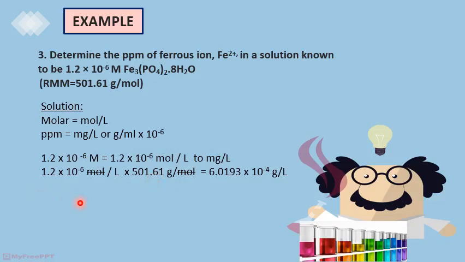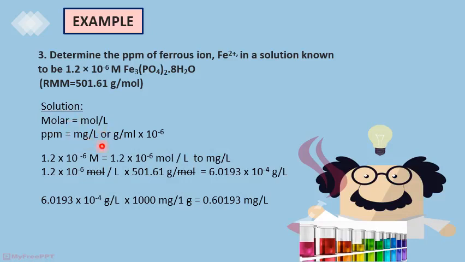So 1.2 times 10 power of minus 6 mole per liter times 501.61 gram per mole. You cancel out the mole, and you will get the unit in gram per liter: 6.0193 times 10 power of minus 4 gram per liter.